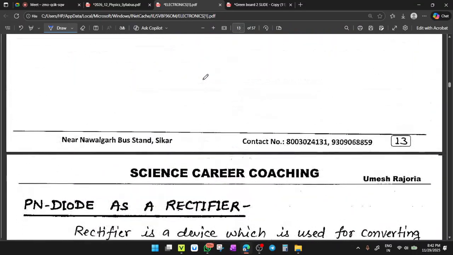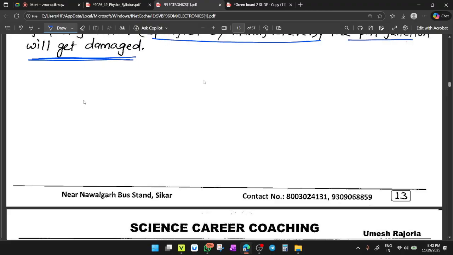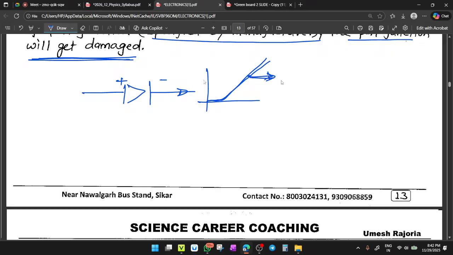So students, you have seen that during forward bias, the diode conducts heavily. You saw the diode conducts heavily in forward bias, which means it offers a very low resistance. Clear? Yes or no?